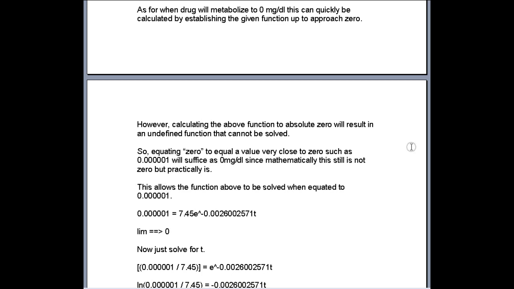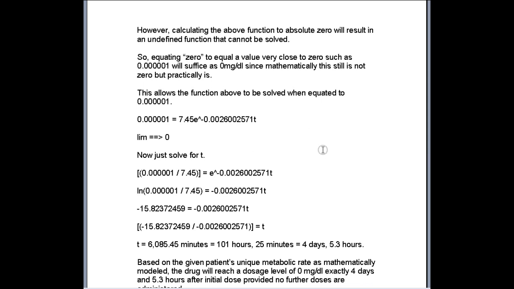So you actually get away with solving an accurate equation with a limit approaching 0, which would be something very close to it. So then you can take this continuous function, mathematical equation representing the given patient's unique metabolic rate, and equal it to a value very, very, very close to 0.